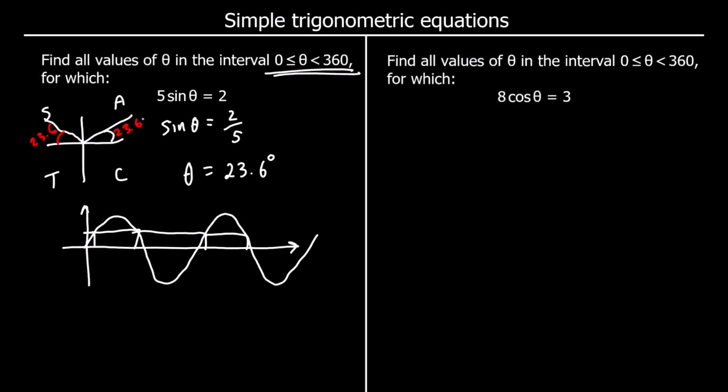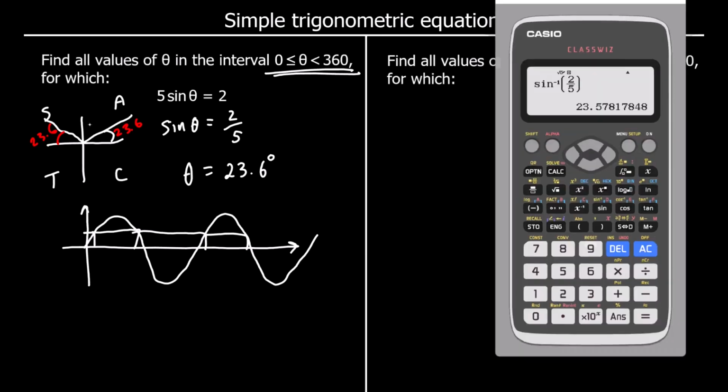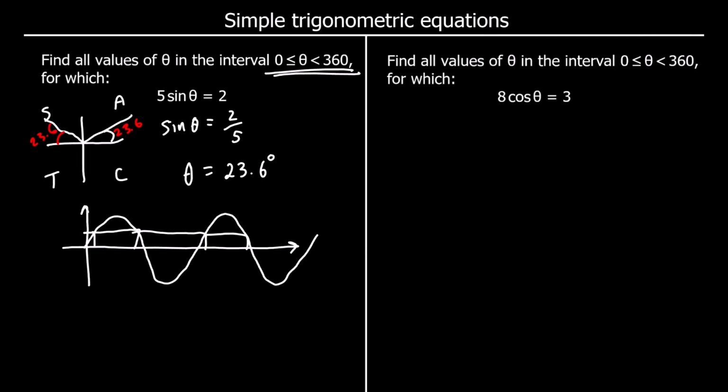So the second answer for sine is always 180 minus the first answer. So 180, take away the first answer, is 156.4. So that is our second answer. There are no more answers between 0 and 360. The next one would be 360 plus 23.6, that would be this one over here.